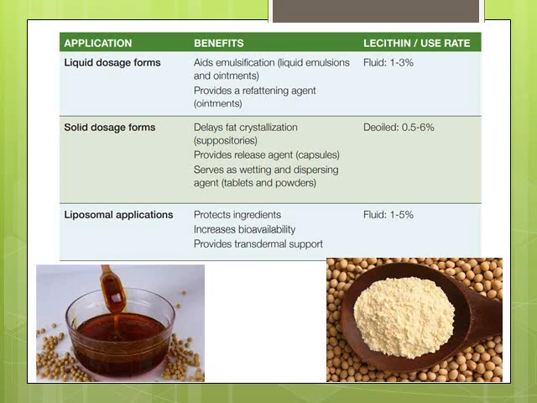It is a difficult excipient to work with, and it has a limited application, I would say. So it is not widely used as an emulsifying agent in pharmaceutical. But regardless, there are some dosage forms that use lecithin as an emulsifying agent.